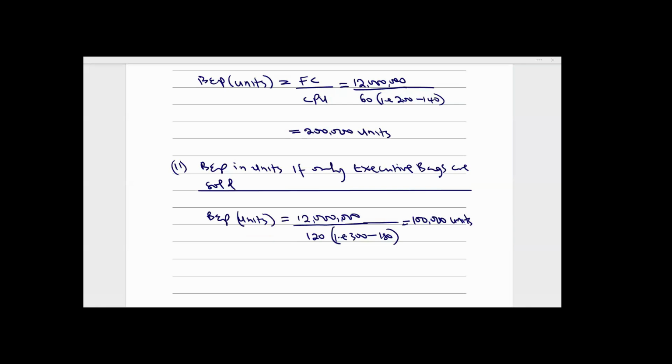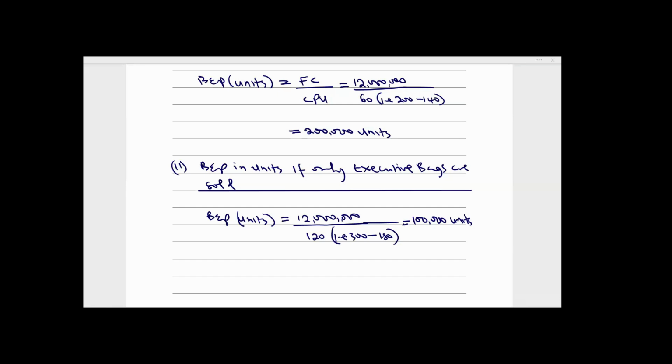Then number C, calculate the budgeted operating profits and break-even points if 200,000 units are sold, but only 20,000 are executive bags. 3 things you are going to do in this instance. First, you need to calculate a revised budgeted profit. The current operating profit is 18 million naira. Now, the examiner told you that the company will produce 200,000 units.